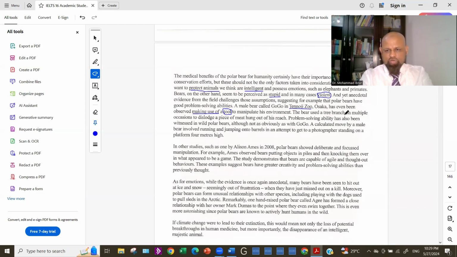The bear used a tree branch, so he's making use of a tree branch on multiple occasions, many times, to dislodge. So dislodge means to knock down something, to remove something. Yeah. Now a piece of meat. So dislodge is an important word here. A tree branch is an important word here. And a piece of meat. We have to remember, we cannot write a piece of meat because we have to supply just one word there. So meat. And meat is a noun here.